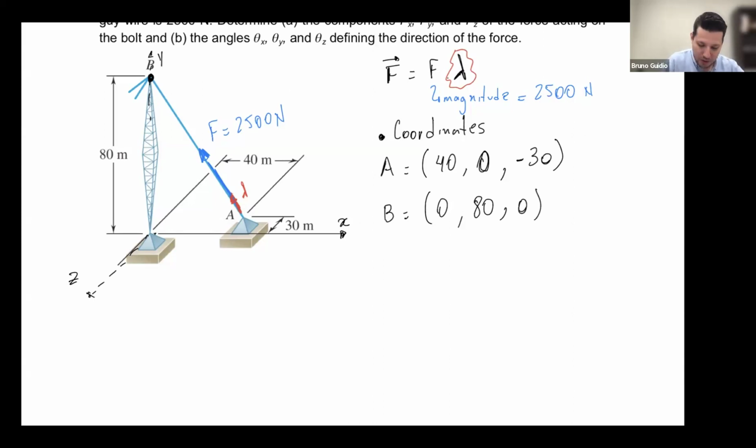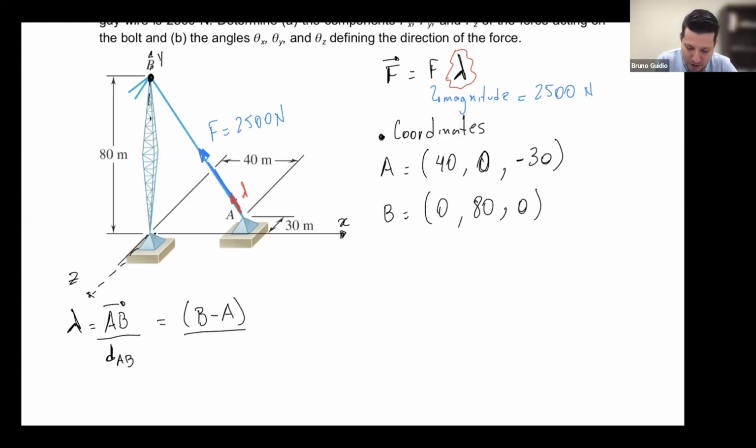Now, what do we need to do? Because we have the coordinates, how can we define lambda? Let me write here. Lambda is the vector AB divided by the magnitude of AB, which is B minus A divided by the magnitude.